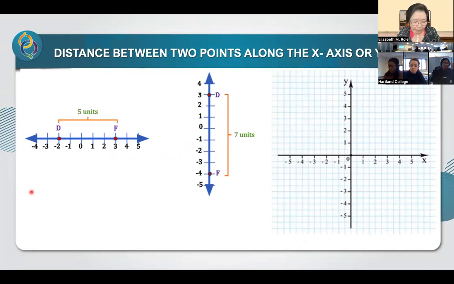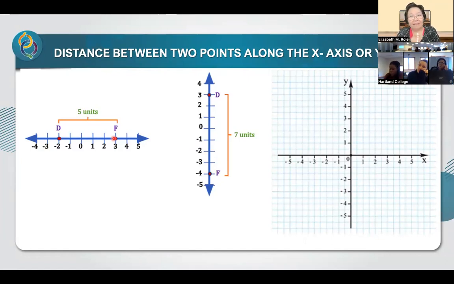If we look at the distance between D and F, the D along the x-axis is -2, and the F point is 3. So counting the distance between D and F would be 5 units.